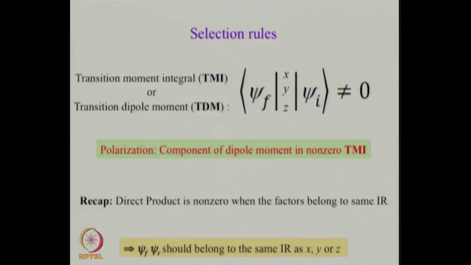So, essentially the problem boils down to, does the destination wave function belong to the same symmetry species as x or y or z? If I go one step further, I can say that the transition is going to be allowed if the destination configuration has B1u or B2u or B3u symmetry.